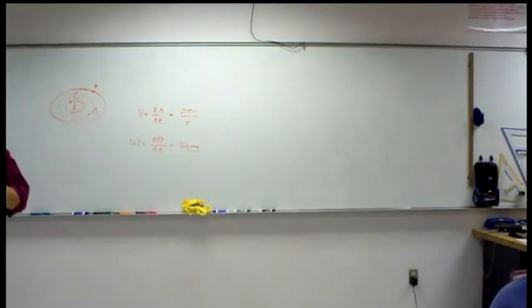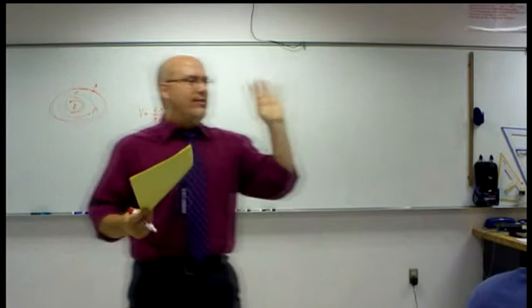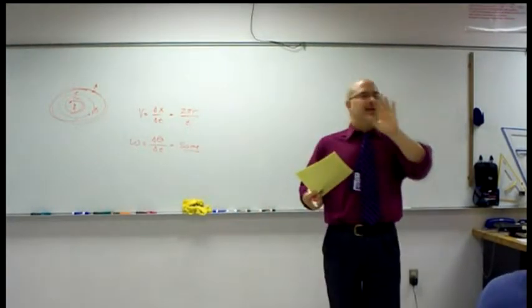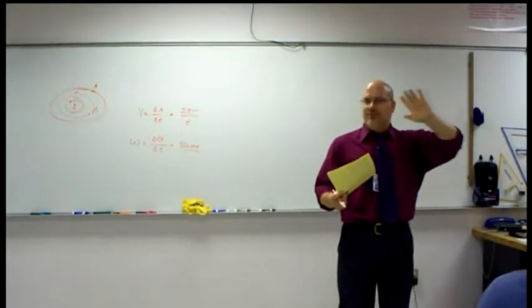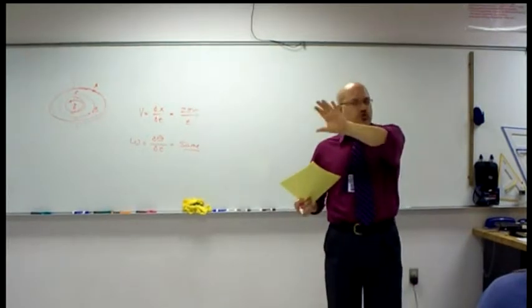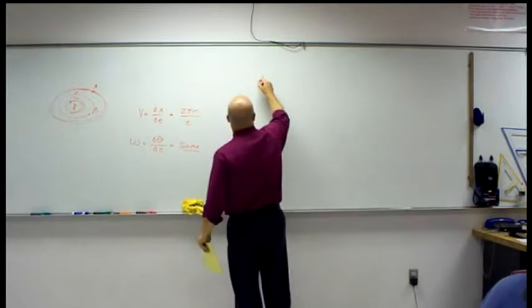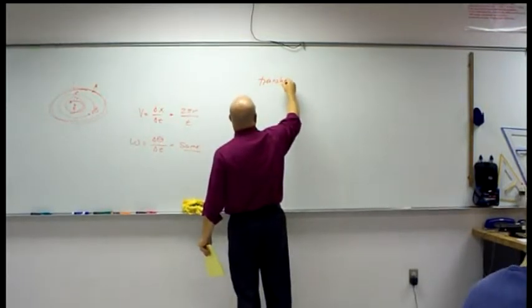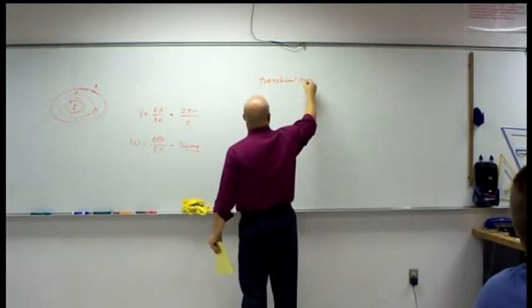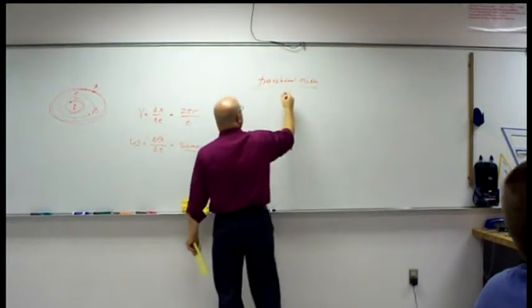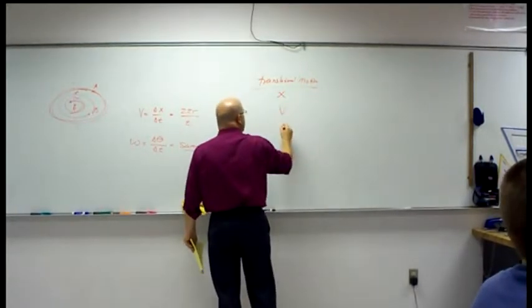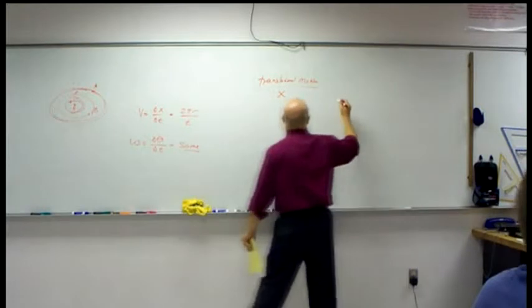Now, do you see that we're arguing about two separate things, right? There's such a thing as translational velocity, or translational motion, which is what we've discussed so far. Translational motion is x, v, a, and t.